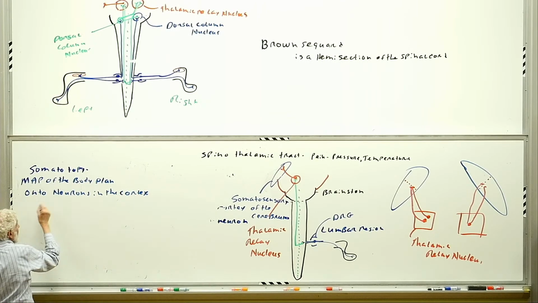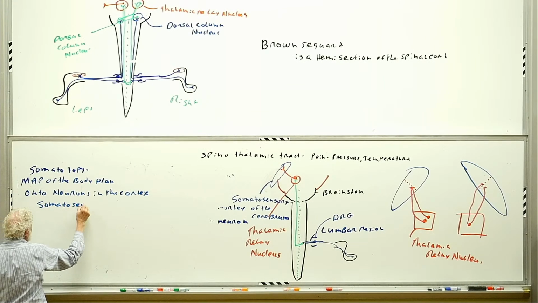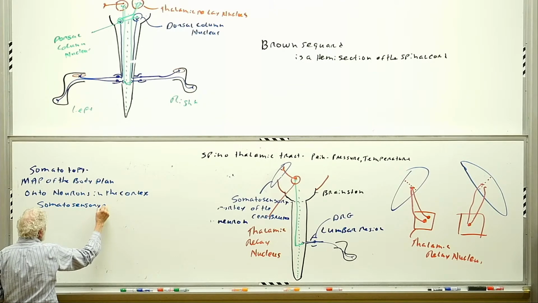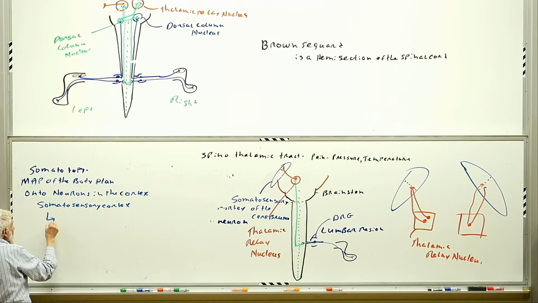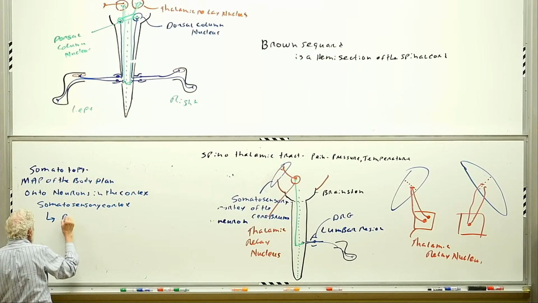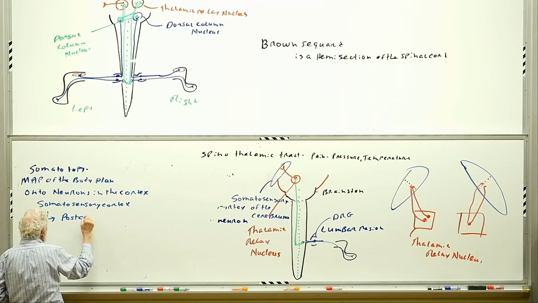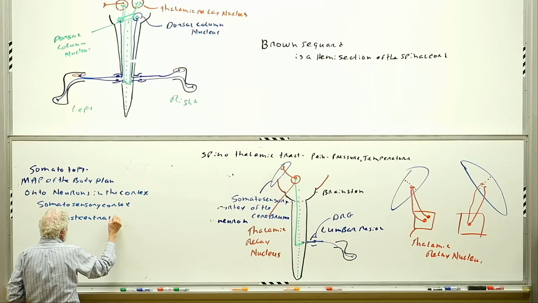In this particular case, it's going to be the somatosensory cortex. And when we look in the brain, we find the somatosensory cortex is located on the post-central gyrus.